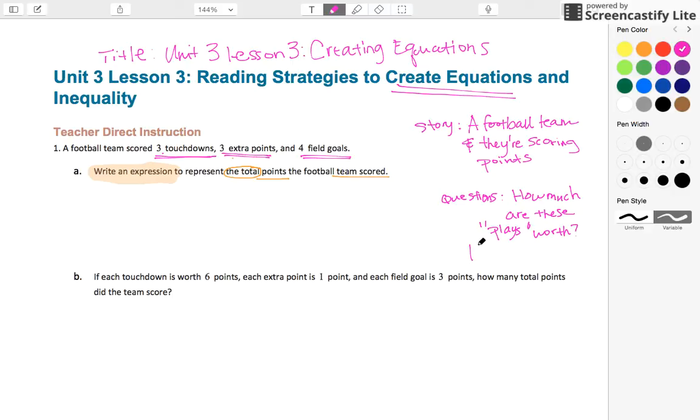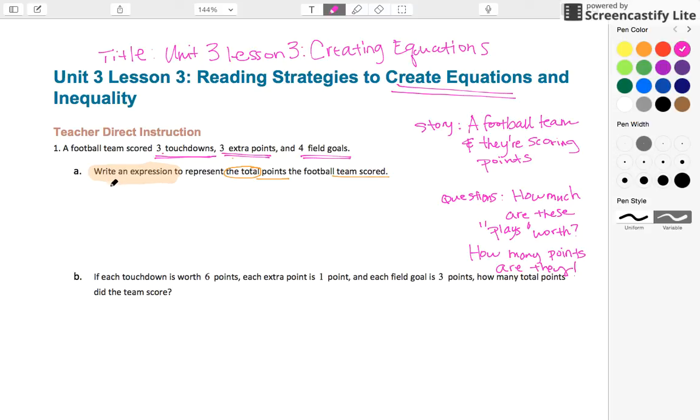In other words, how many points are they? Sorry if you hear cats in the background. They are lovely. Okay, so right here, a football team scored 3 touchdowns, 3 extra points, and 4 field goals.